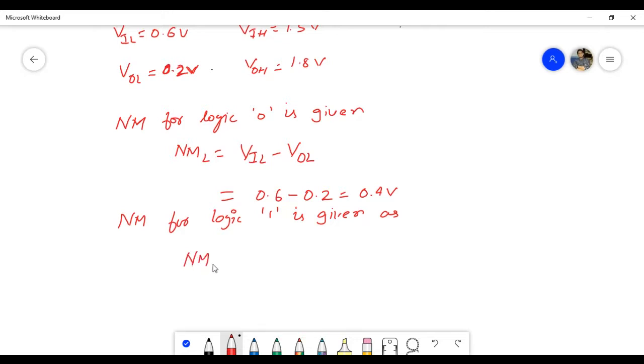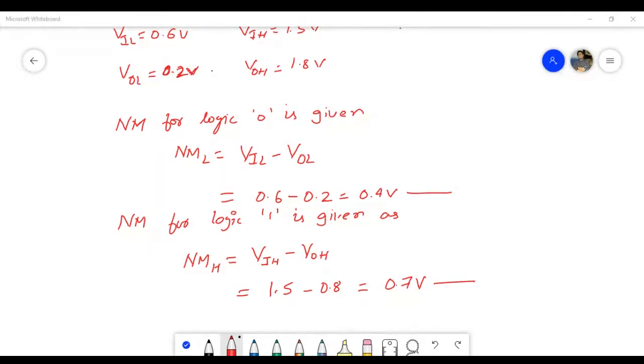Noise margin for logic 1 means high level, so we will write VIH minus VOH. VIH is given as 1.5 minus 0.8. How much is it? 0.7 volt. So this is the noise margin for the low level and this is the noise margin for the high level. If you want to take down, take down.